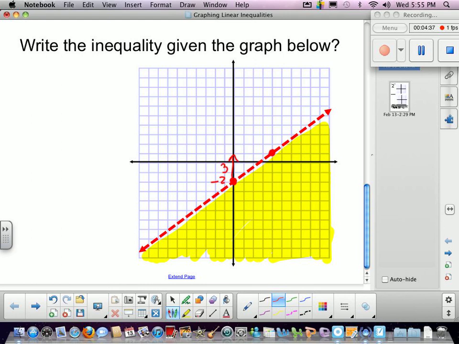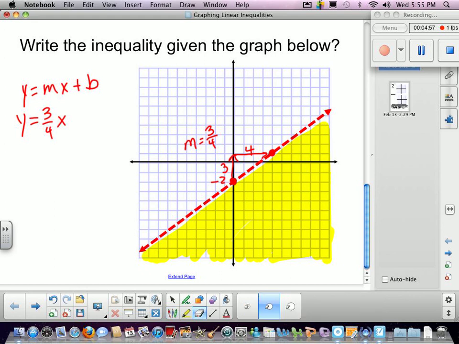So I go up 3, go over 4. So my slope is 3/4. So my equation y equals mx plus b, that would be y equals 3/4 x plus, oh, sorry, not plus, but minus 2.